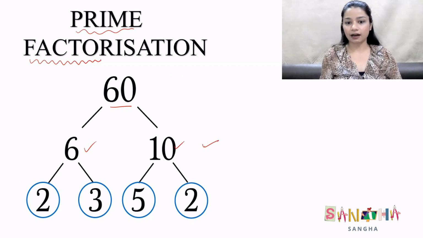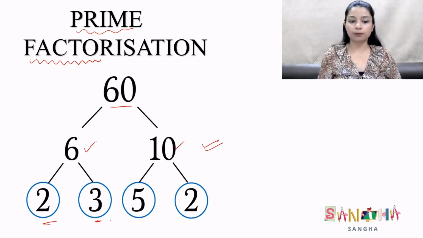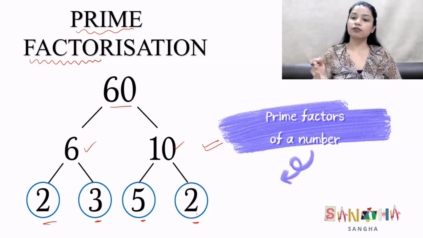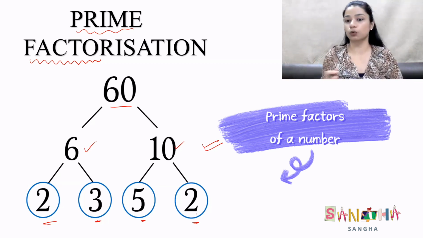So 6 and 10 are its factors, but if I talk about prime factors, right, then we need to find out those numbers that are prime numbers. So what do we mean by prime factorization? When we are writing factors of a particular number, but those factors have to be prime numbers only.